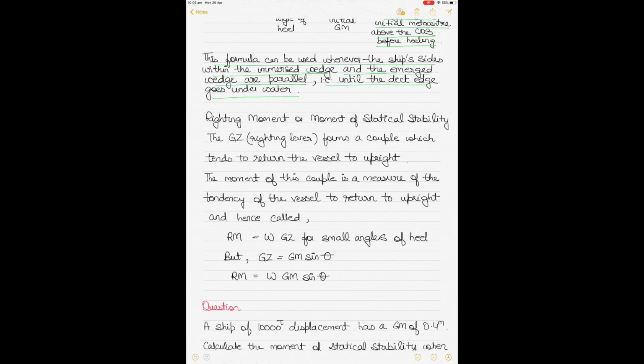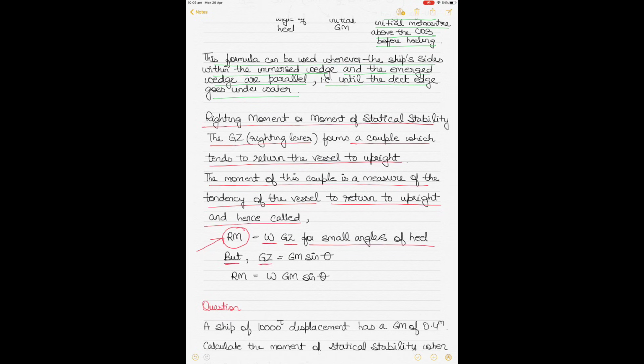Now this righting lever forms a couple or a moment which tends to return the vessel to the upright position. The moment of this couple is a measure of the tendency of the vessel to return to upright and hence called the righting moment, or RM. Righting moment equals displacement multiplied by GZ, that is righting lever, for small angles of heel, say up to about 15 degrees.